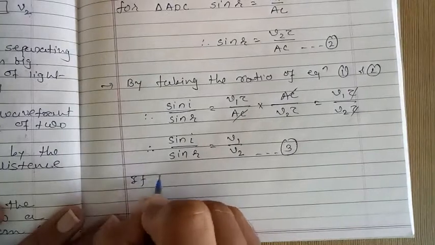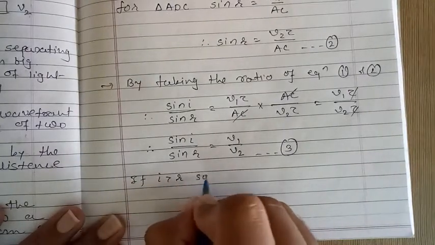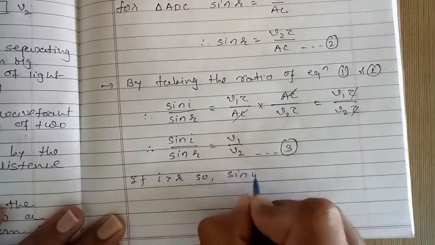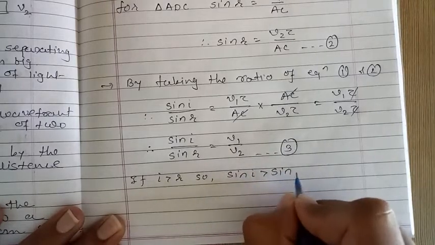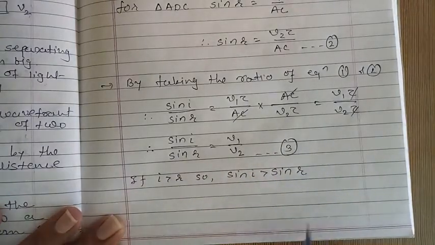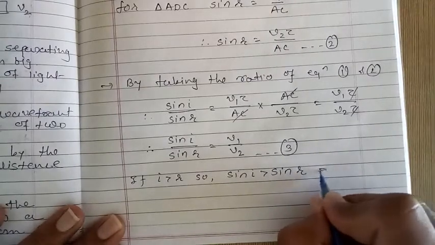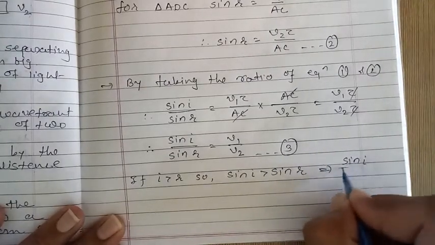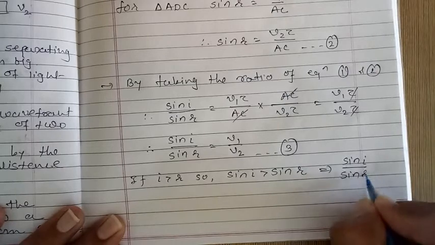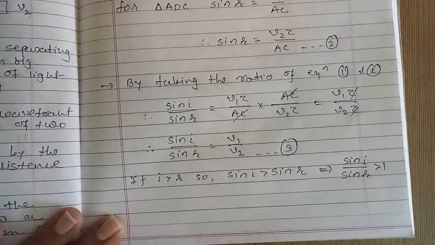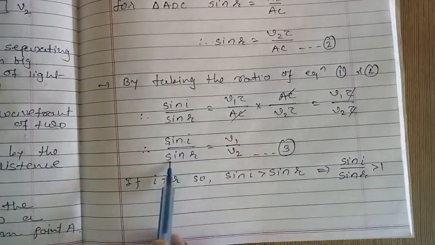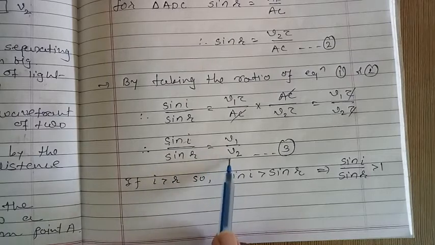If I is greater than R, then sin I is greater than sin R, or sin I upon sin R is greater than 1. Here, sin I upon sin R is equal to V1 upon V2.